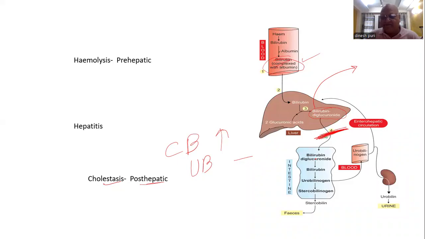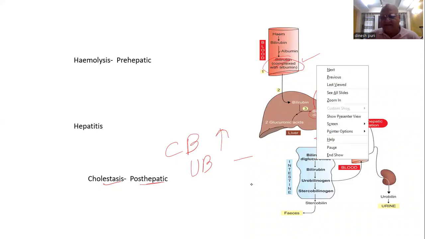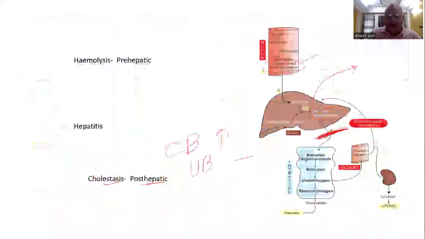Block here, less bilirubin diglucuronide, less formation of stercobilinogen. So this you can see in the figure. This is block, complete or partial.